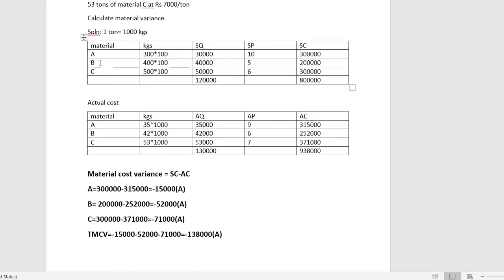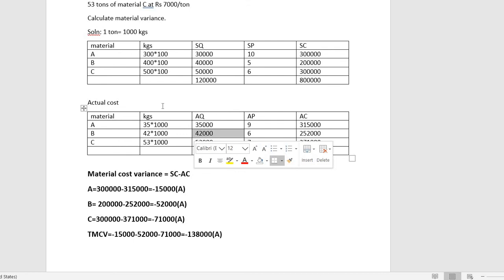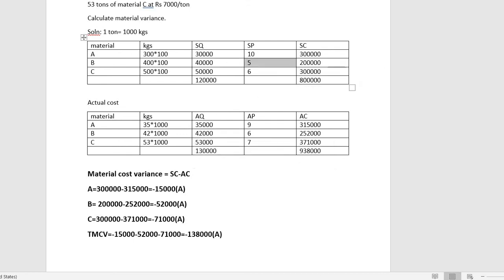We'll see what is the standard quantity and actual quantity. For material B, standard quantity is 40,000, actual quantity is 42,000. The standard price is 5.